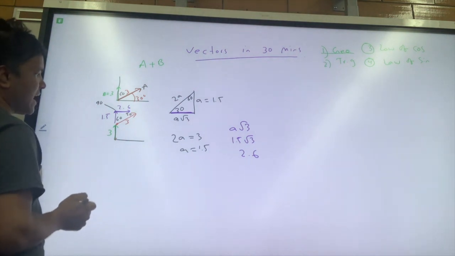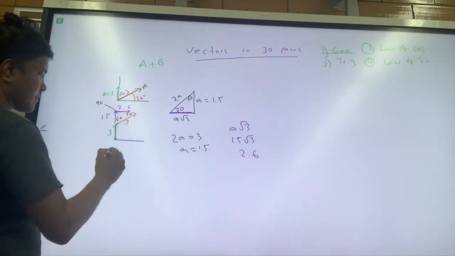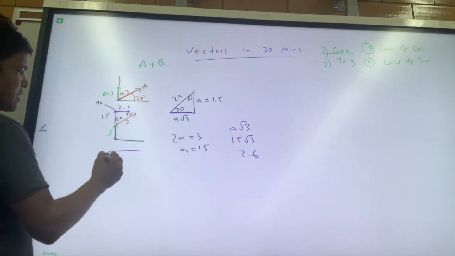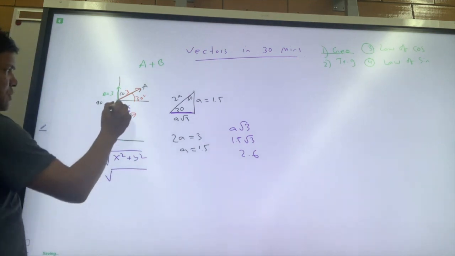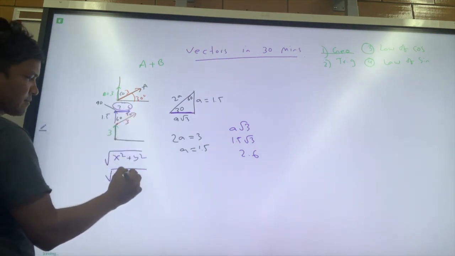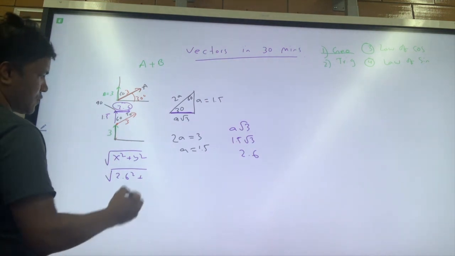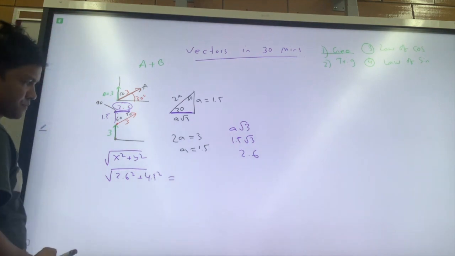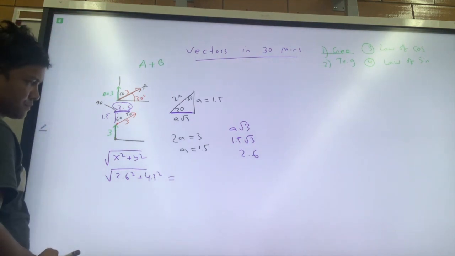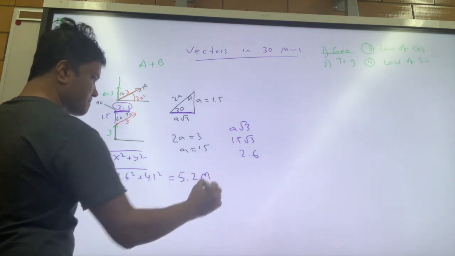Now what I basically have is x and y. So x squared plus y squared. So x squared is 2.6 squared plus y squared is 3 plus 1.5, 4.5 squared. And that gives you 5.2 meter.